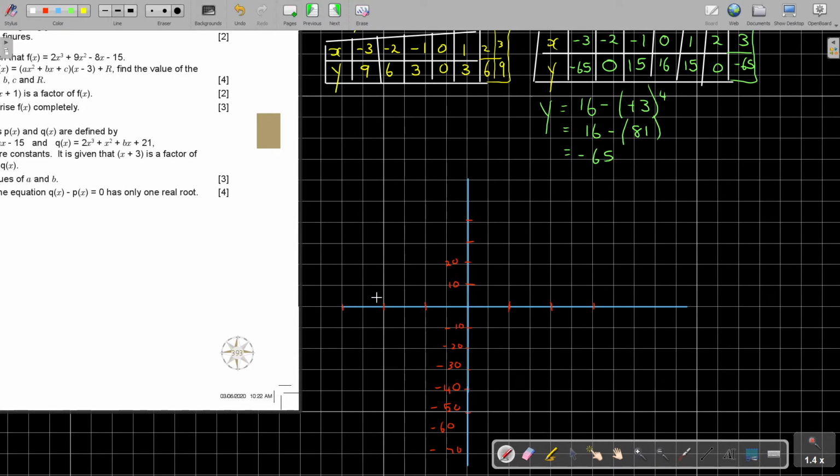So -3, okay, let's just go. -1, -2, -3. 1, 2, 3. So -3 is 9. Okay, so now due to the scale, this one is very close. So -2 is 6. Just a little bit. So -1 is 3, so it's going closer.